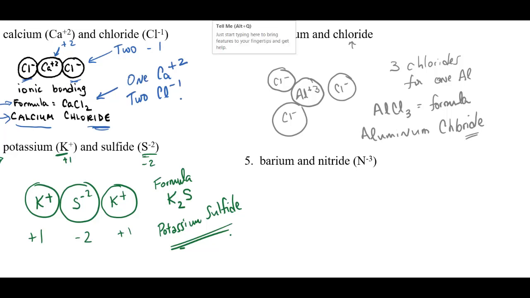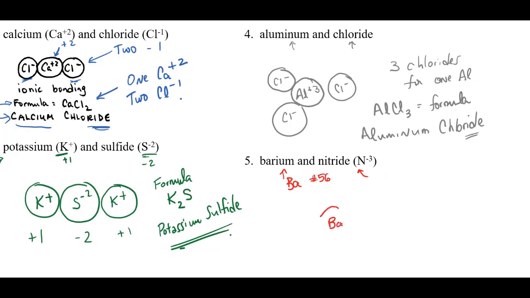Last one is a little tricky. Barium nitride. Barium is Ba. It's number 56 on the periodic table. So you have to find it first, otherwise you won't know its charge. The page is telling you that nitride is N with a -3 charge.